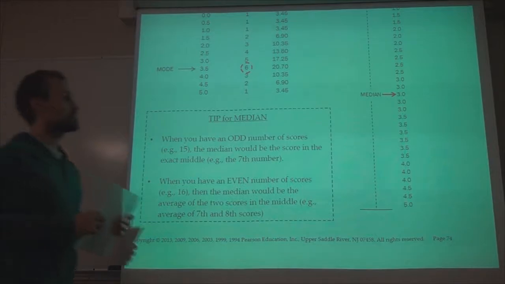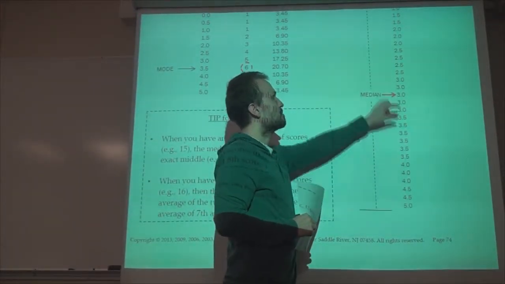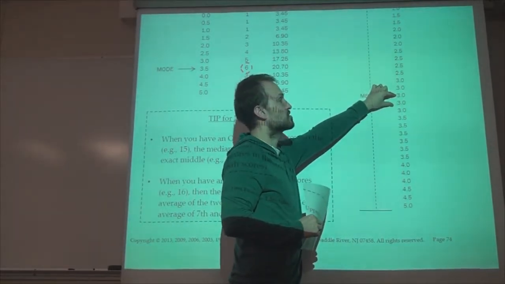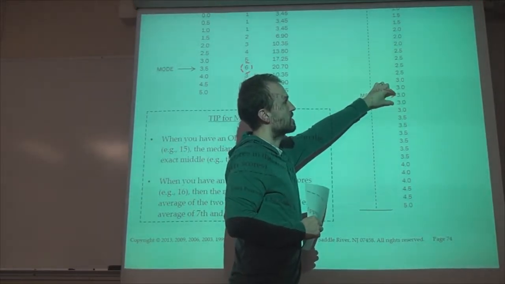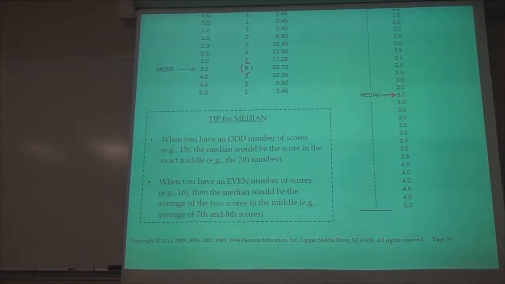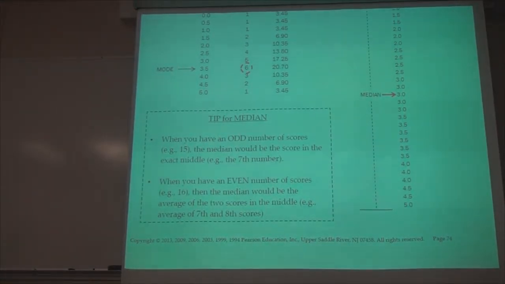So let's just suppose I had another one here, giving me 30 in total. Then both of these guys would be the middle value, so to speak. The middle would be right in between them. So I would average out those two values, but because they're the same, I still get a median of 3. So the calculation is slightly different if it's an even number of scores or an odd number of scores. If it's an odd number of scores, then I have a middle value, and that value is the median.